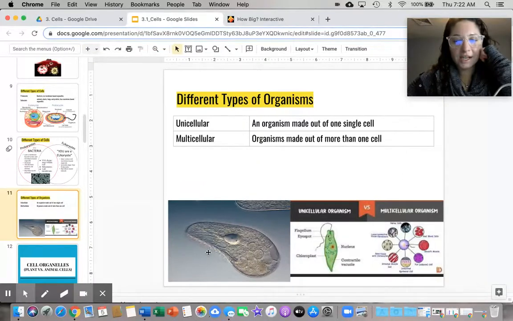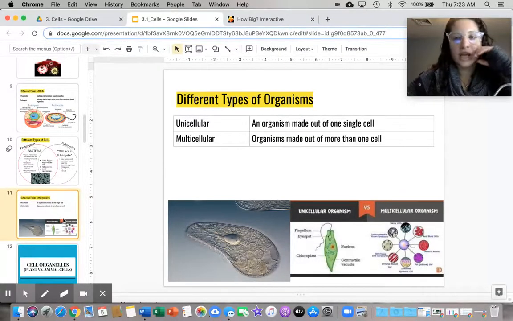But if we look over here, we can also compare prokaryotes to eukaryotes. Like I said, all prokaryotes are going to be unicellular. So this is, oh no, I'm sorry. This is an example of a unicellular eukaryote because there are cell organelles in here. And then over here we have a bunch of different varieties of multicellular organisms. So plants, animals, fungi like mushrooms.